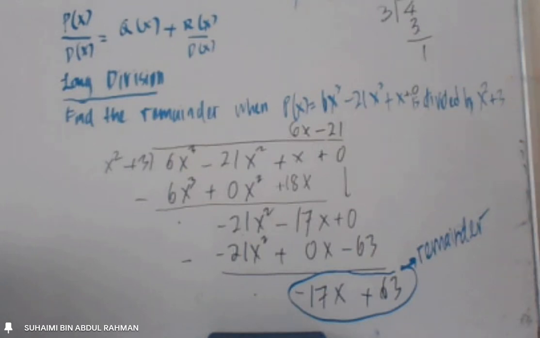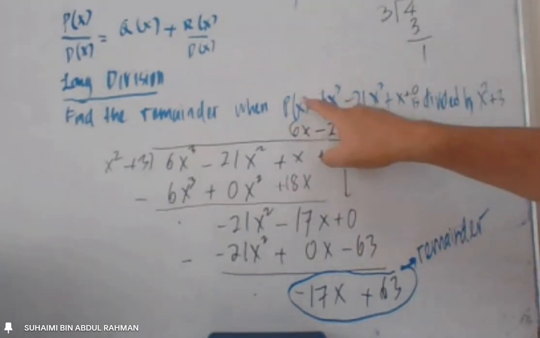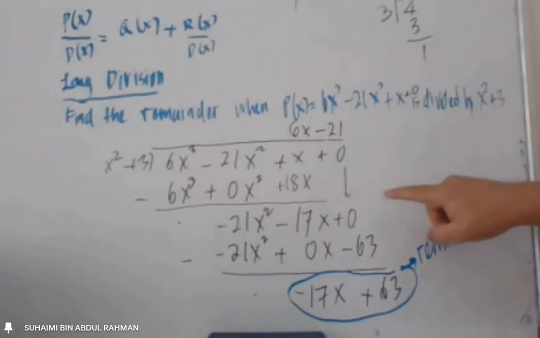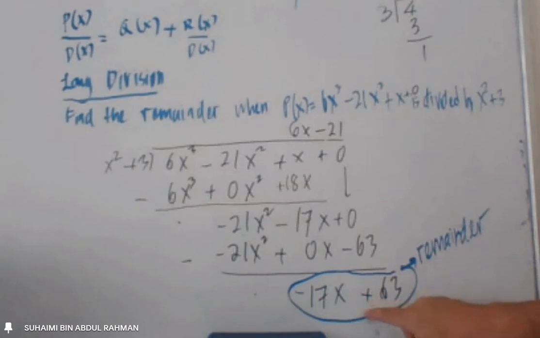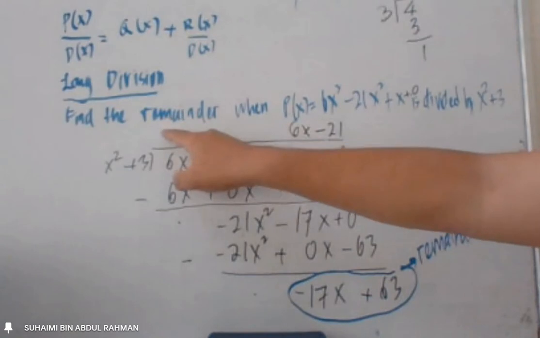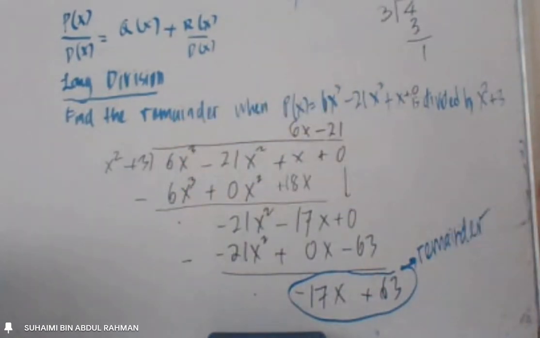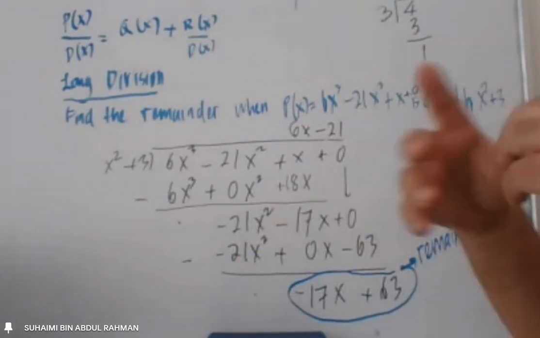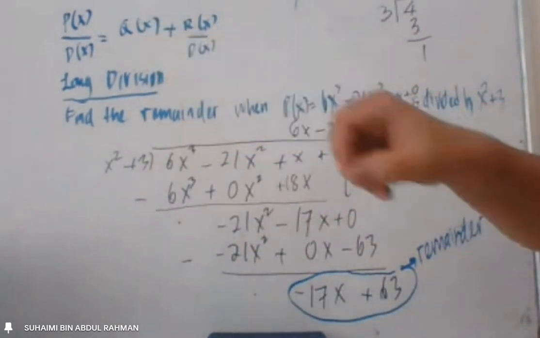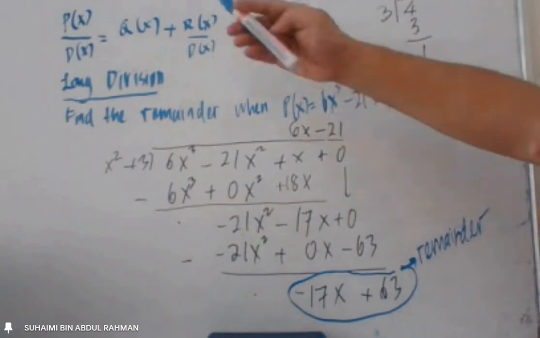So if the question says the polynomial is divided by x squared plus 3, this is the remainder, if the question asks for the remainder. If the question asks for the quotient, what is the quotient here? According to the formula, the quotient is represented by q(x).